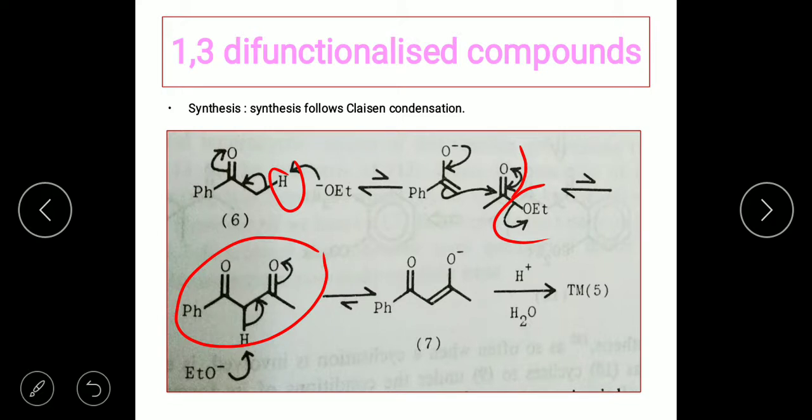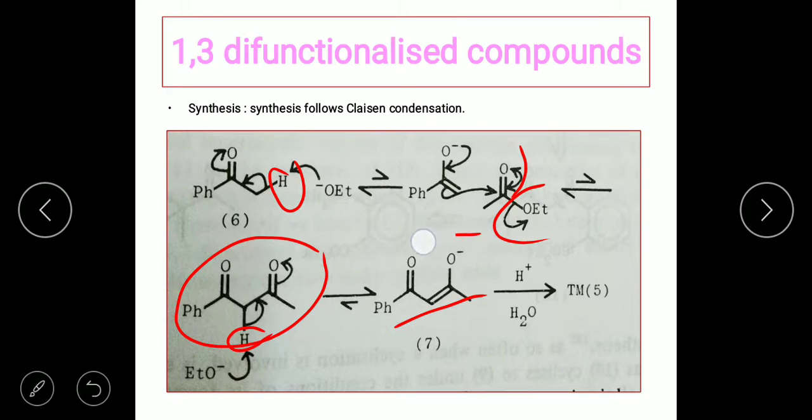Now you know that the acidic alpha hydrogens can easily be removed from the diketone. So EtO minus, the base, is going to abstract the proton. Once it abstracts the proton, there's going to be movement of electrons to give an alpha,beta-unsaturated group like this.